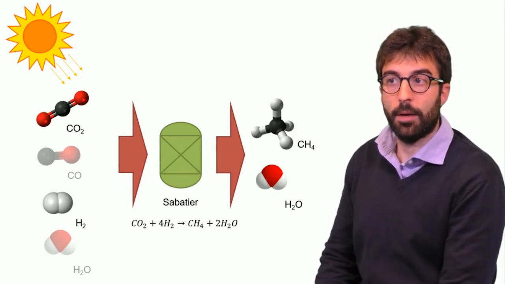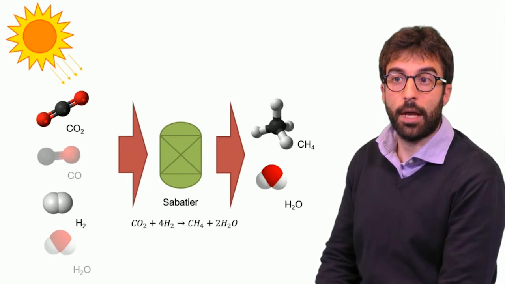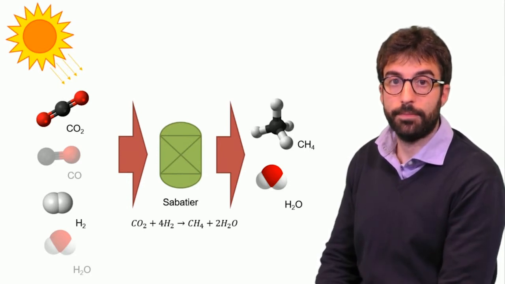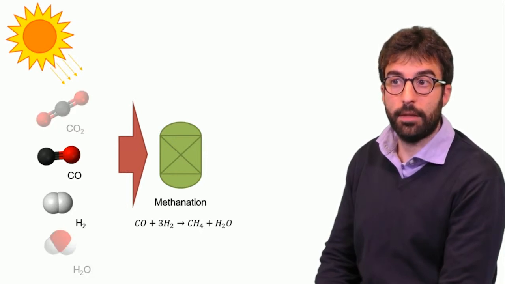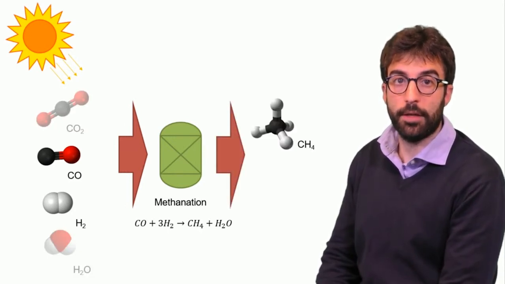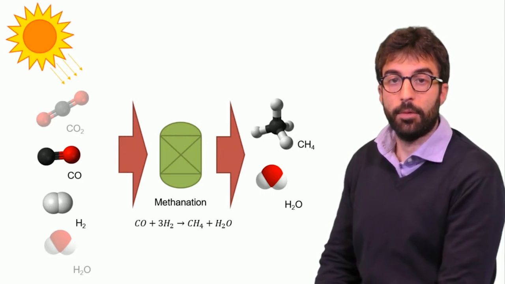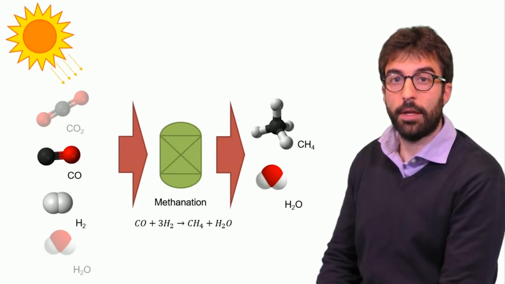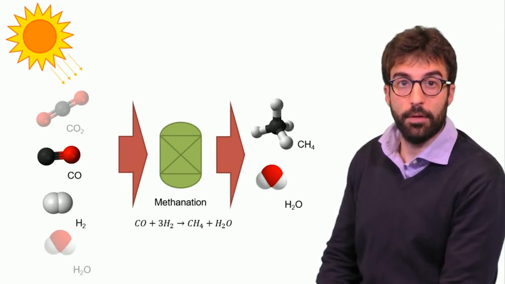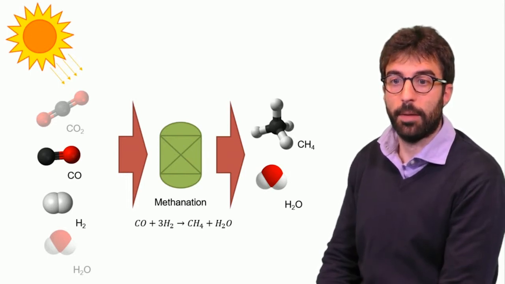So the process involves carbon dioxide and hydrogen and produces methane and steam as a byproduct. With a similar process, we can produce methane starting from carbon monoxide and hydrogen. In this case, we call it a methanation reactor, and with different optimization of the reactor process, we can produce methane, again to be introduced in the natural gas line, and steam as a byproduct.